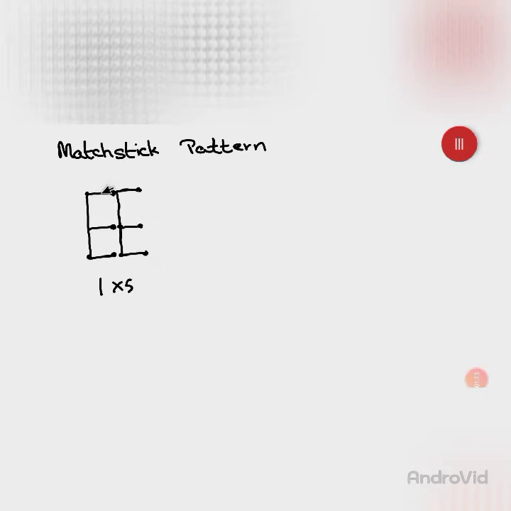We will count and see 1, 2, 3, 4, 5, 6, 7, 8, 9, 10. We have 2 letter E and each letter has 5 matchsticks. So 2 into 5. In 1 E we have 5 matchsticks and in 2 E's we have 10 matchsticks.